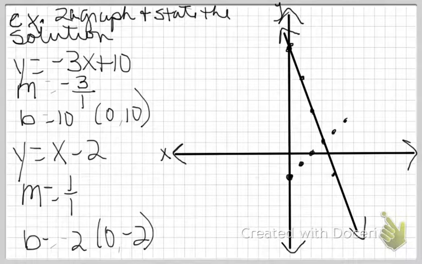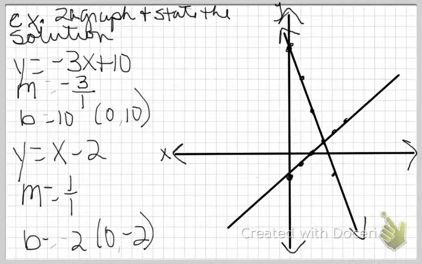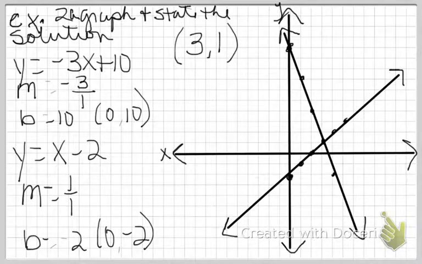Okay, connect that line. Now you can see that the two lines cross at the ordered pair 3, 1. So the solution is 3, 1. That is your final answer. After you graph the two equations, you see where they cross, and that is the answer.